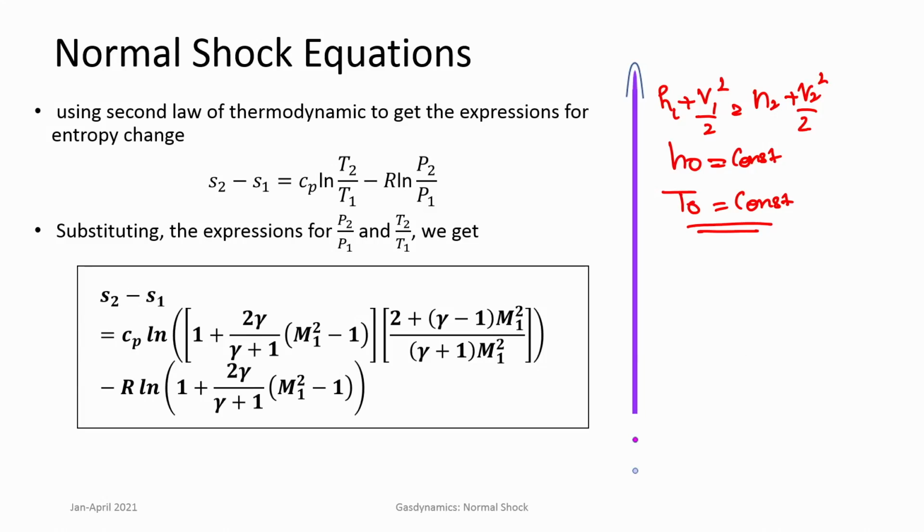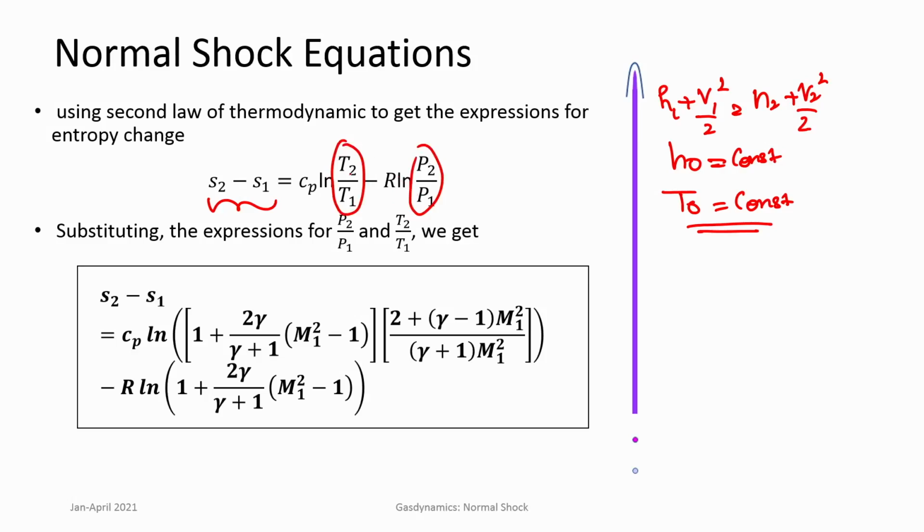This is because within the very infinitesimal thickness of the shock wave, the transport processes become very important, and the high gradients across the shock give rise to entropy. The entropy change across the shock is, using the relation, Cp log T2 by T1 minus R log P2 by P1.